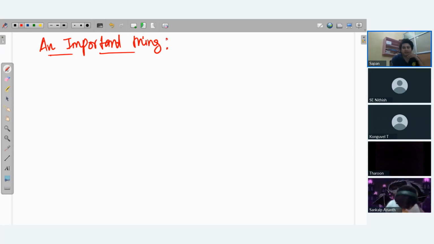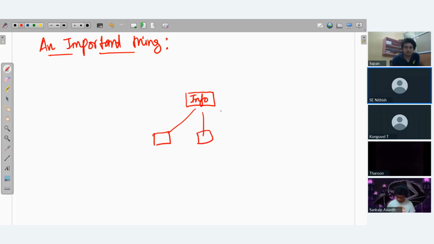See, if you are able to get this thing, it is going to be a very long friend of you, and it is going to help you in a lot of places. There is a structure in the world, a structure of information. Whenever you see a piece of information, that information is based on certain facts.